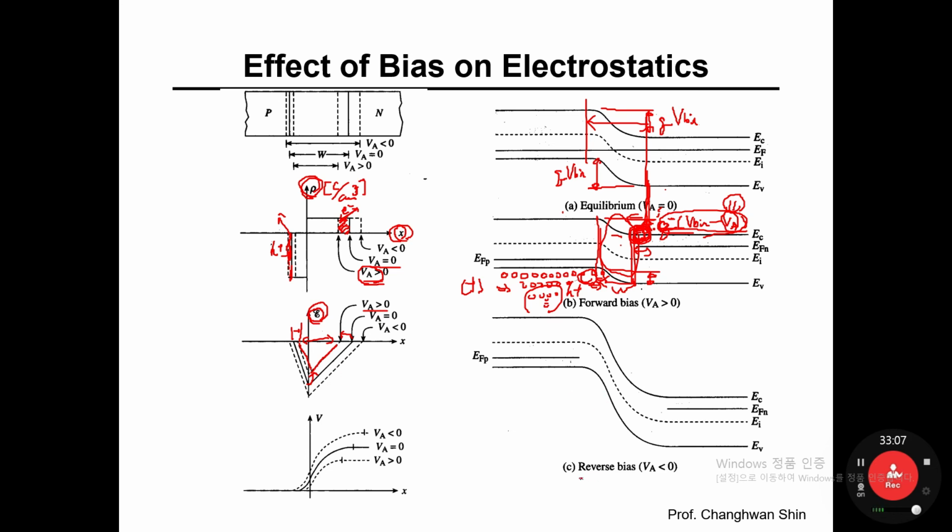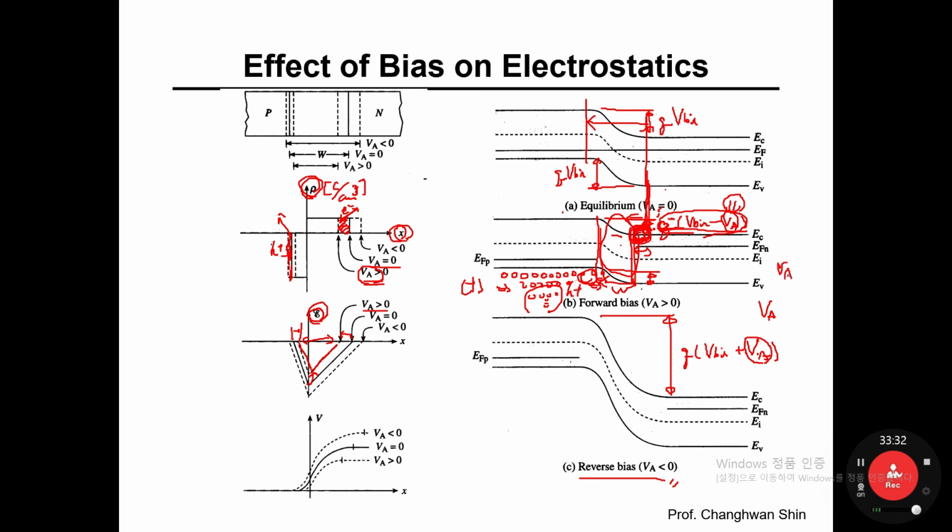What about the reverse bias this time? Since the energy barrier height has been increased, right? Instead of Q times VBI, now the potential barrier height has been increased by VA. This VA indicates the magnitude of the voltage that you have applied.